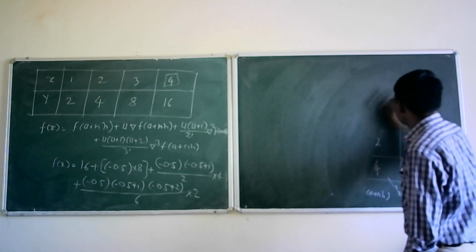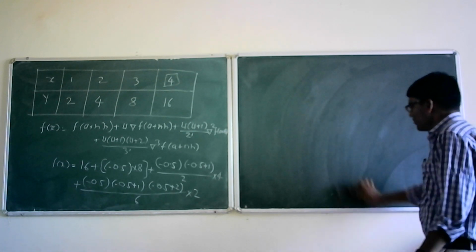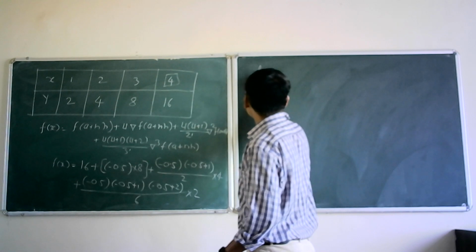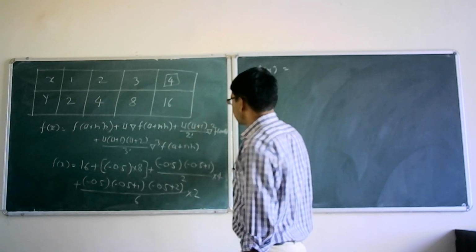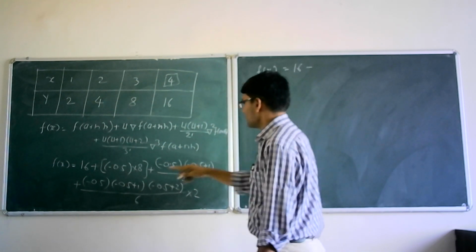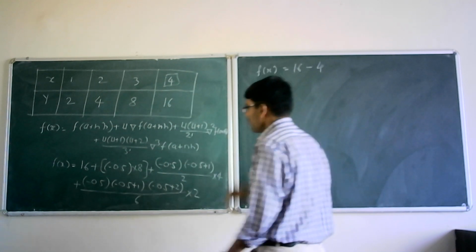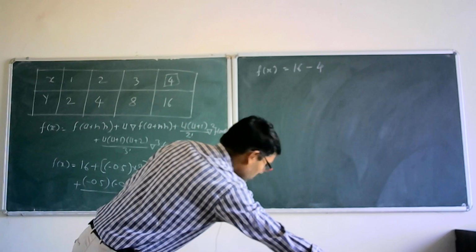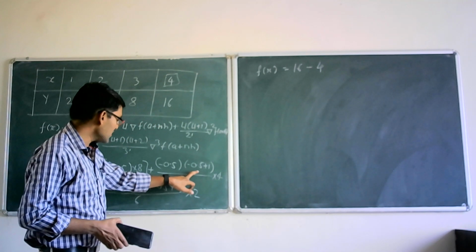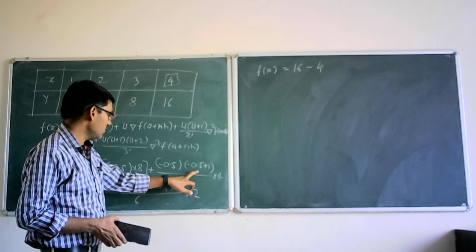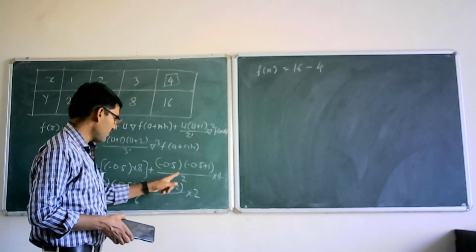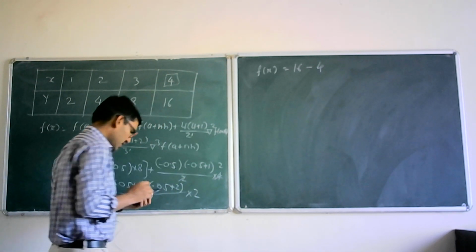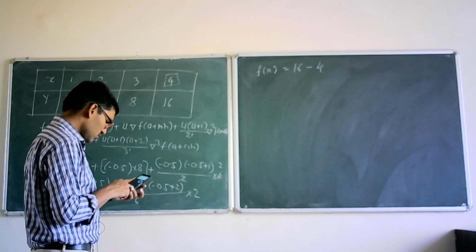So to simplify this, you can use your calculator. So f of x is equal to 16 minus 4, if you multiply this, you will get minus 4. Here minus 0.5 plus 1 is 0.5, that is 1 by 2, again multiplied by 4, so this is 2.